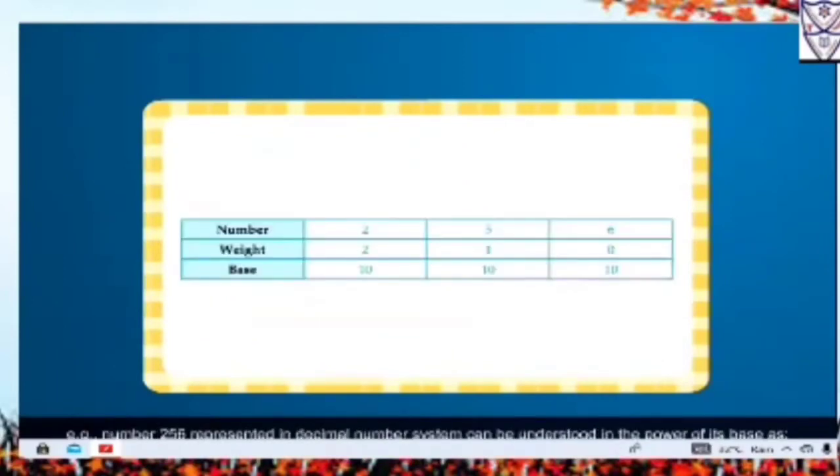For example, number 256 represented in decimal number system can be understood in the power of its base.